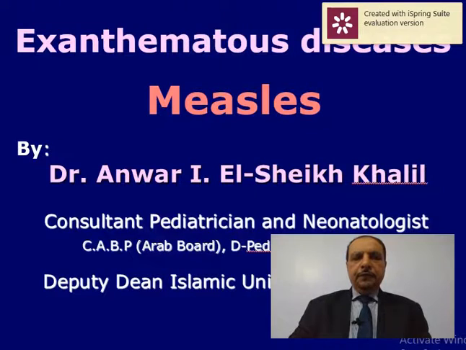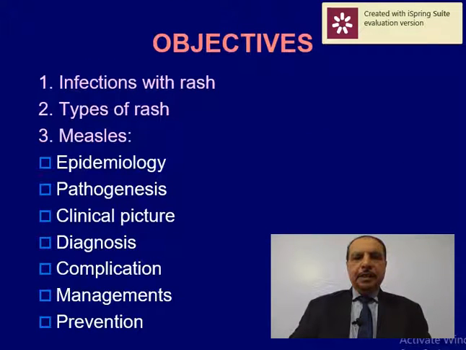The objectives for this lecture: by the end of this lecture, every student will know the infections with the rash, the types of rash and description, and he will know the measles. The measles regarding the epidemiology, pathogenesis, clinical picture, diagnosis, complications, managements, and prevention.